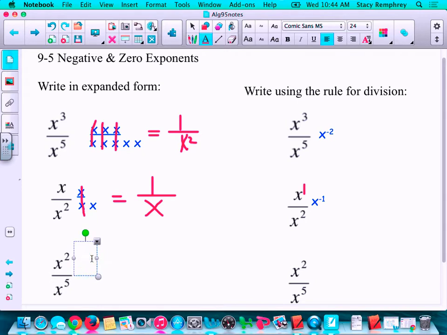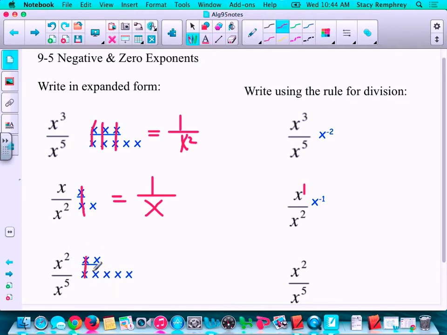On the top here, on the bottom I have 5 x's. And I'm going to cancel. So on the top, I canceled everything, so I'm going to put a 1, not a 0.